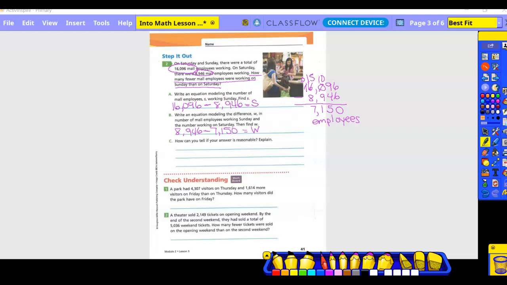So now we need to do what? Now we need to work this one out, right? So we would need to do 8,946 minus 7,150.